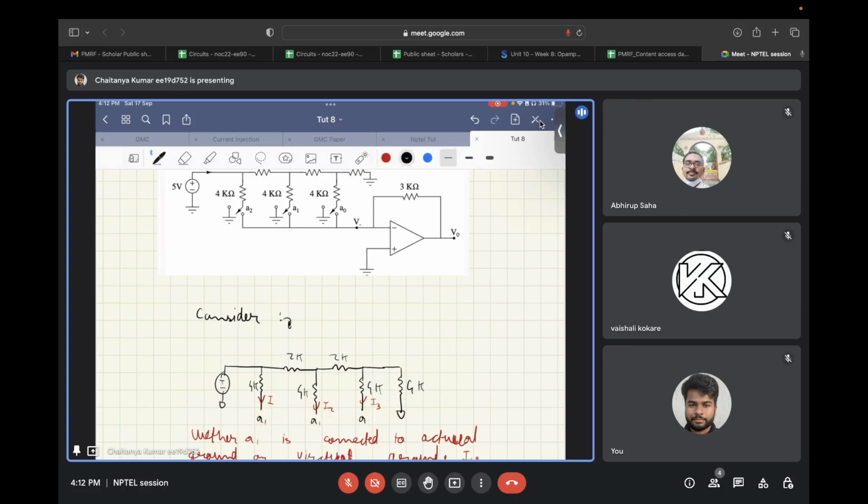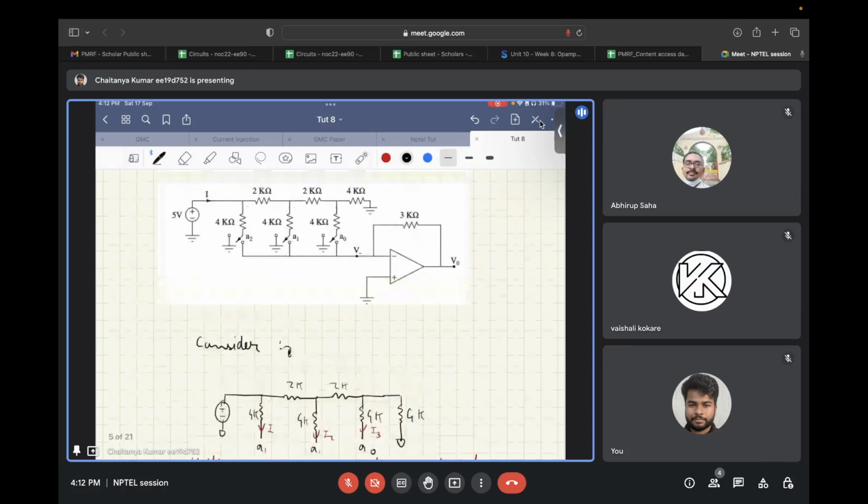One thing you should observe is whether these switches are connected to ground or virtual ground. In both cases, the voltage at these terminals will be zero.